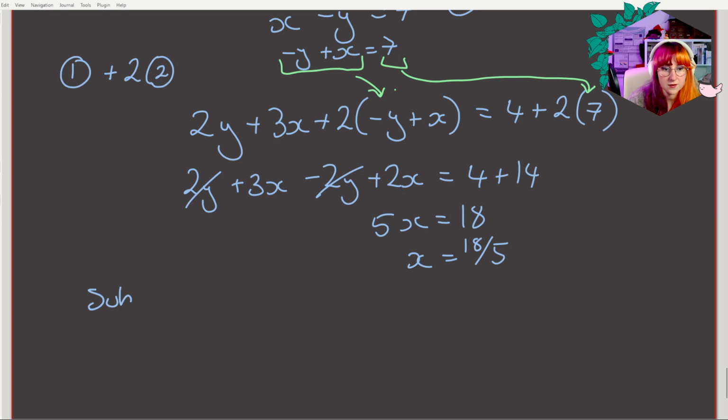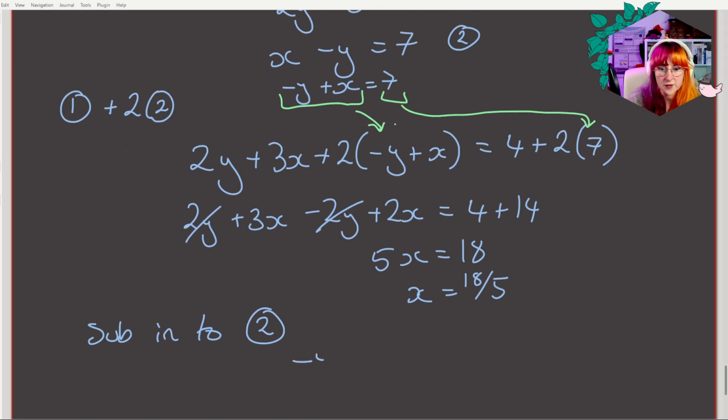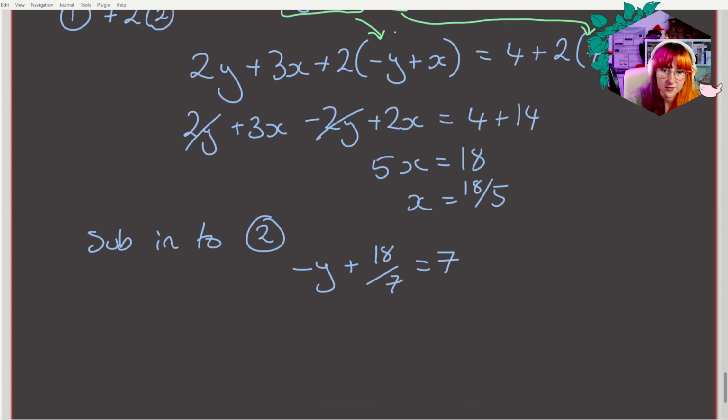So I'm going to sub it into equation 2 just so I don't have to multiply it by anything. So we get minus y plus 18 over 5 equals 7. And that means that 18 over 5 minus 7 is equal to y.